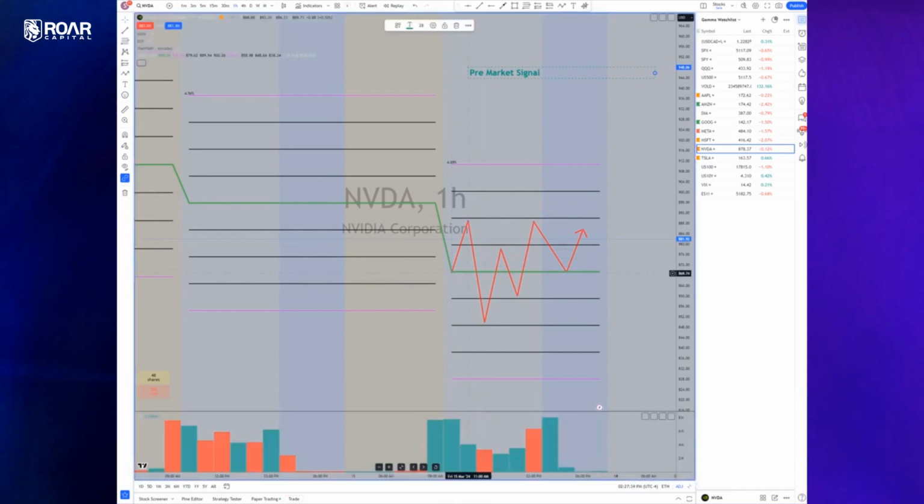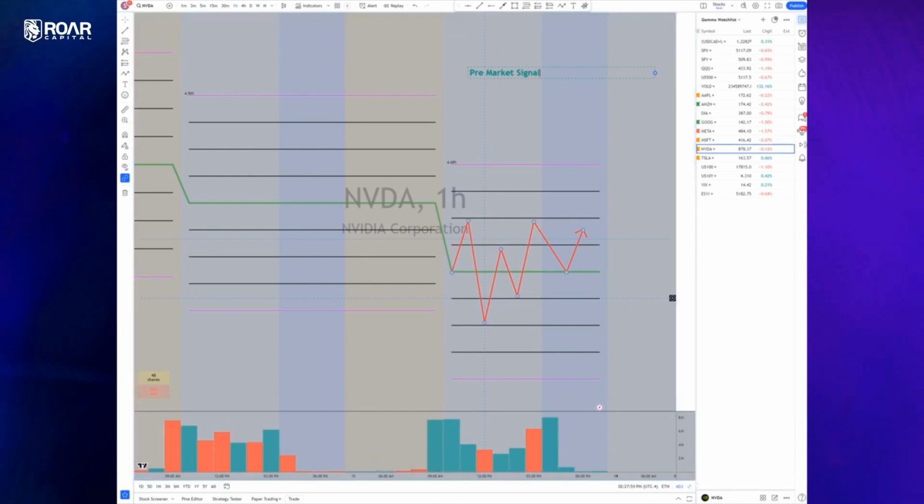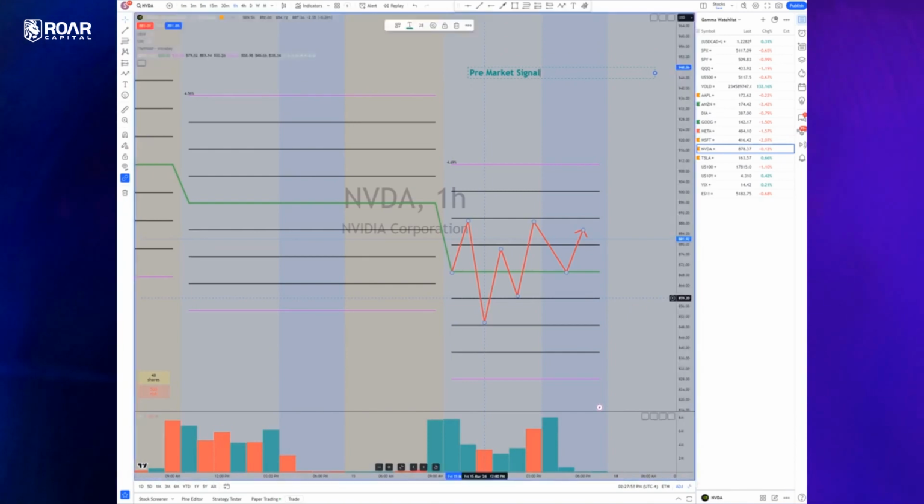In which case I will use the bottom two levels as my stops. When I size my trade on the open, I want to size it so that I'm not losing more than my max loss. If I'm really bullish, I might even add at the lower level. Hopefully you guys are with me so far. So that's the pre-market signal.